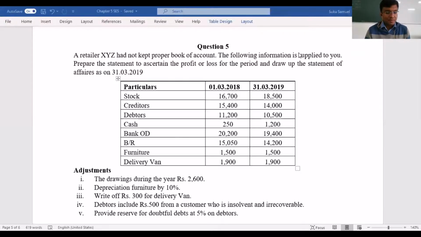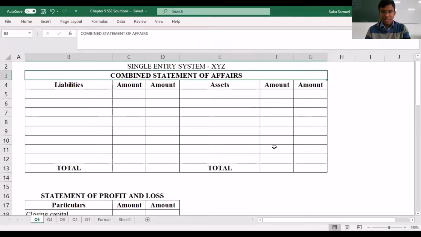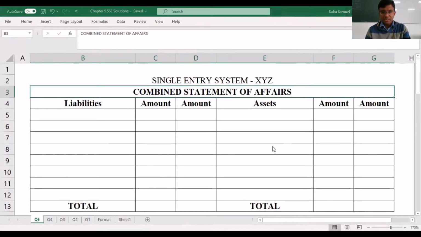So the very first statement that we will have to prepare together would be the combined statement of affairs in order to estimate the opening and the closing capital. So let's have the format in place, and let's start off with the combined statement of affairs.